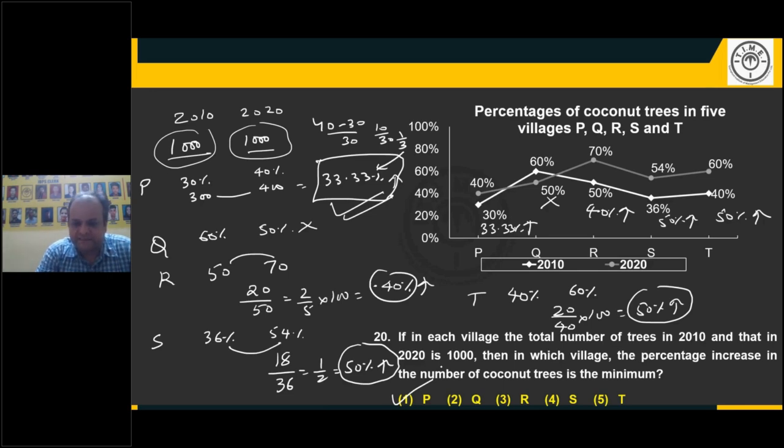It's already a percentage decrease. We have to find among all the villages where the percentage increase has happened and where it is minimum. So Q is eliminated because Q is a decrease from 60% to 50%. See, 60% in 2010, 50% in 2020. So this is a decrease. Rest all are increases: 30 to 40, 50 to 70, 36 to 54, 40 to 60.